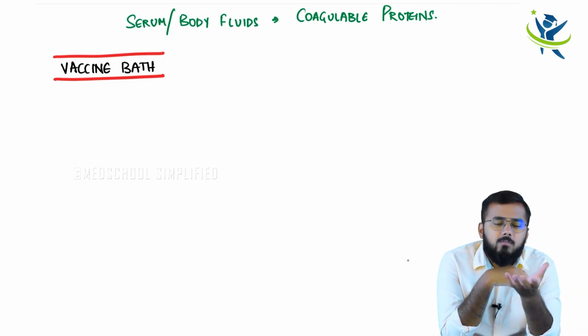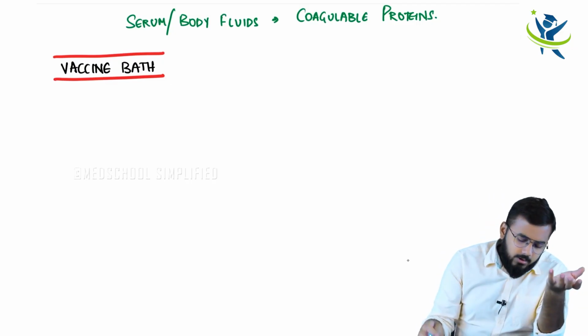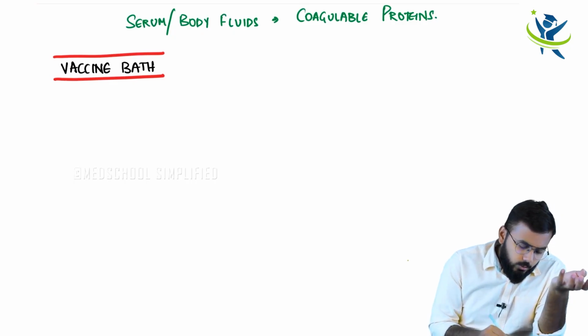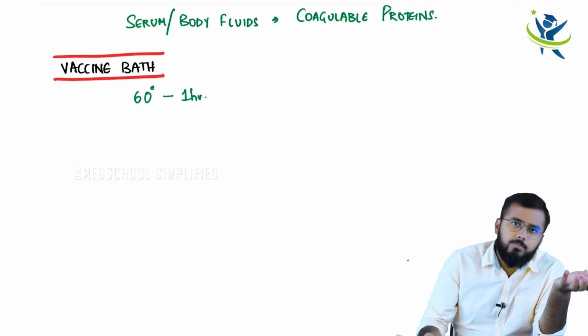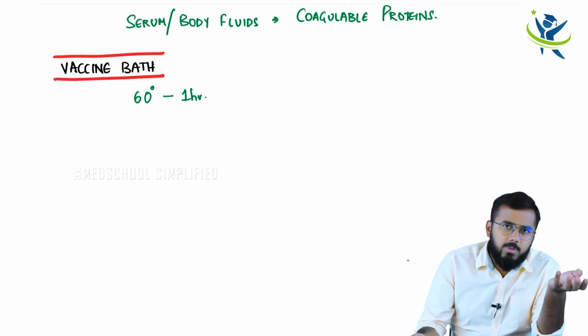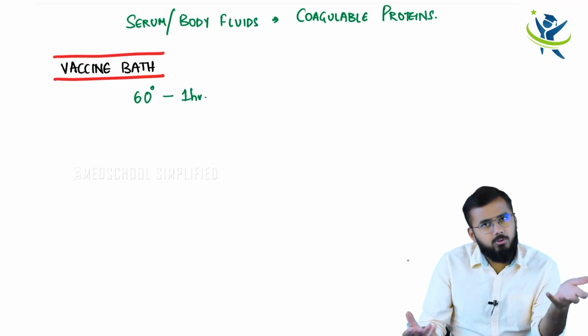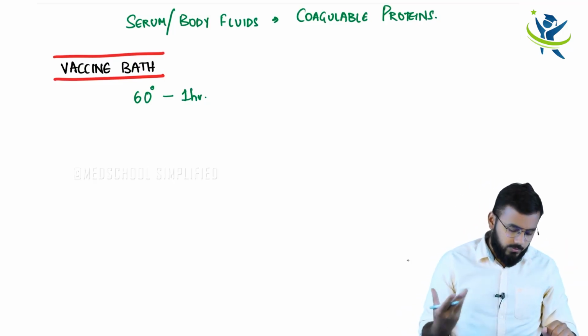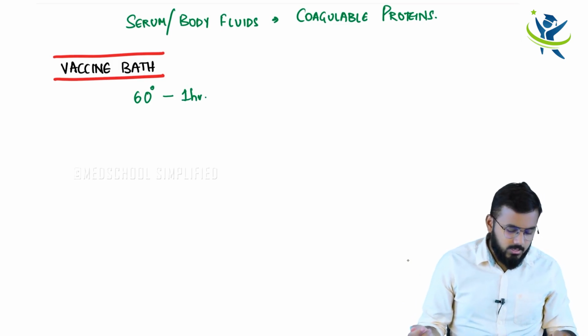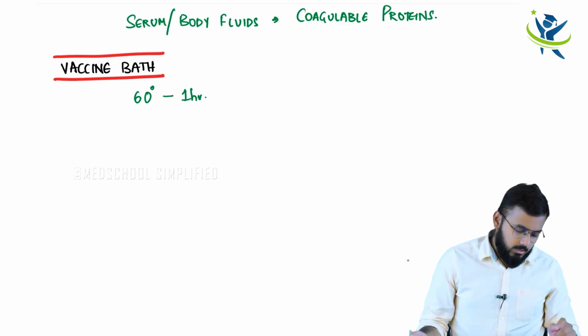What you do is that you take the vaccine and you heat it at 60 degrees centigrade for 1 hour. Okay, and then what will happen? The organisms within that vaccine get inactivated and then you can use it happily, right? So for preparation of vaccines, you basically use this vaccine bath, right?